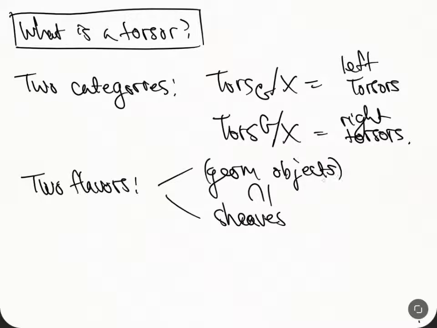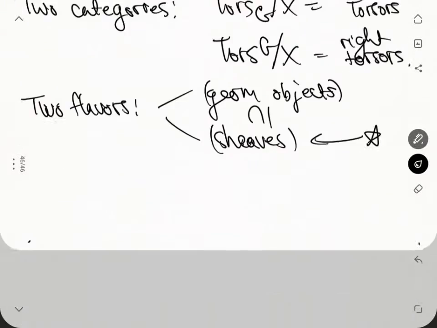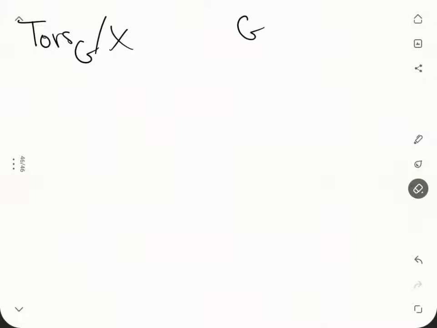So we'll start with this one here. We're going to take G over X. Here G is, well, I guess we should start with X. X is going to be a site.